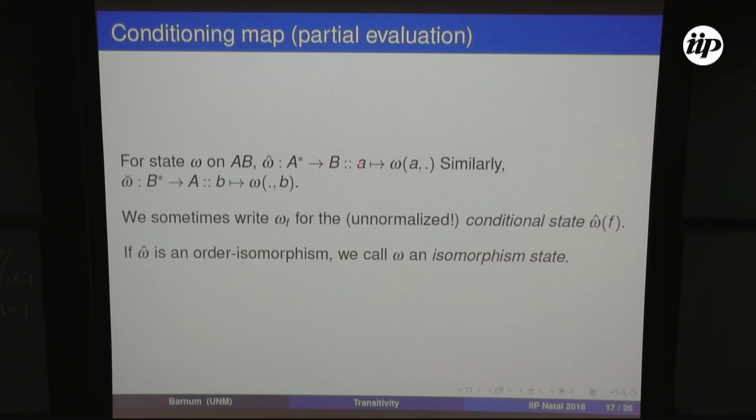It just takes an effect on A, and this maps a measurement outcome on A to an unnormalized state, which we think of as the unnormalized conditional state, conditional on getting measurement outcome A. And of course, it just takes A to the state omega of A, and then you plug in the B thing there.